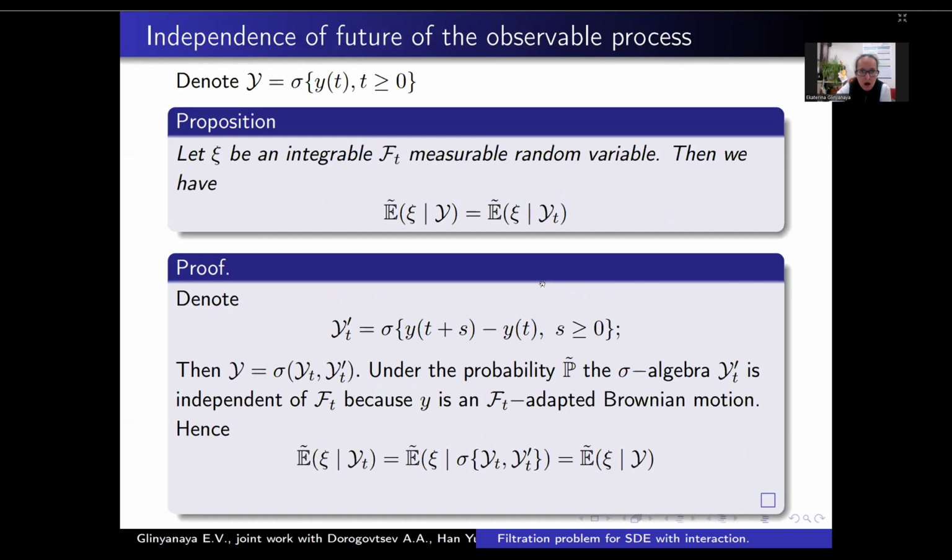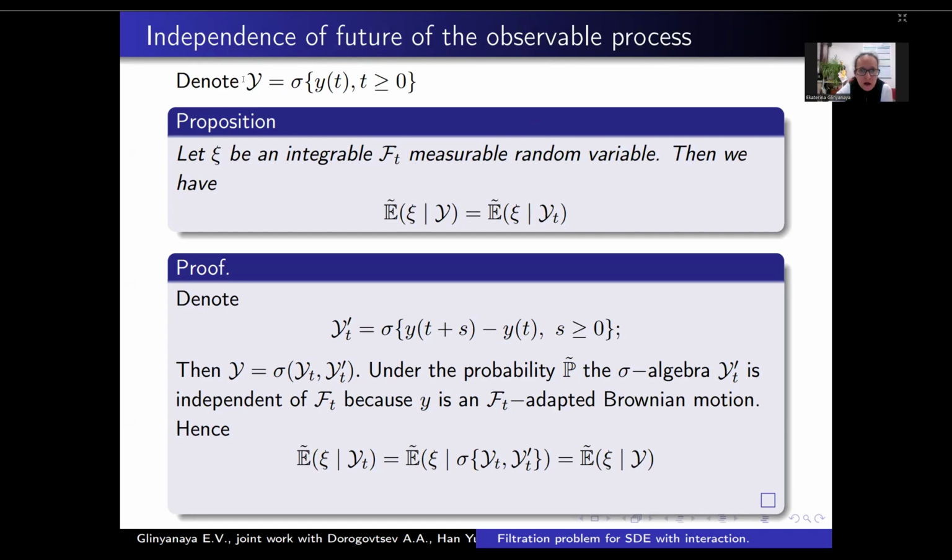Okay, so now when we take the conditional expectation, we will use the so-called property of independence of the future of the observable process.